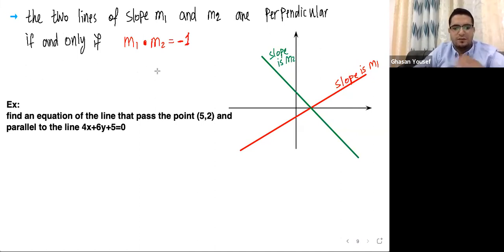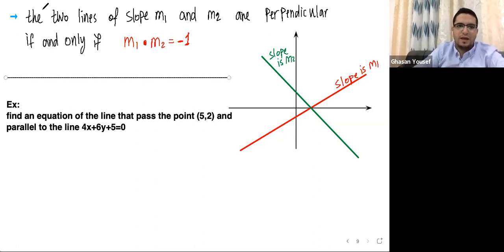Okay, I'm going to give you a hint for doing something like this. If I need to find the equation of a line, I need two things. The first thing is the point, and the second thing is the slope, m. But in this question, they give me the slope in a different way.